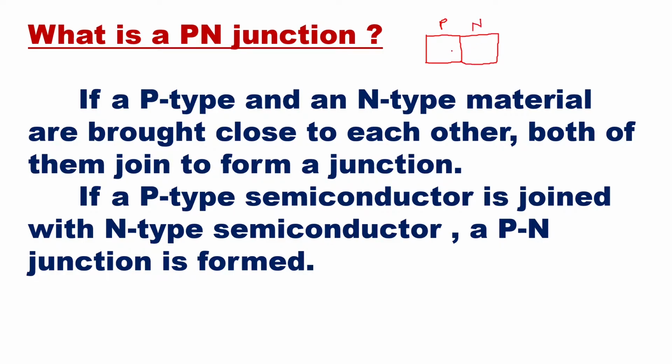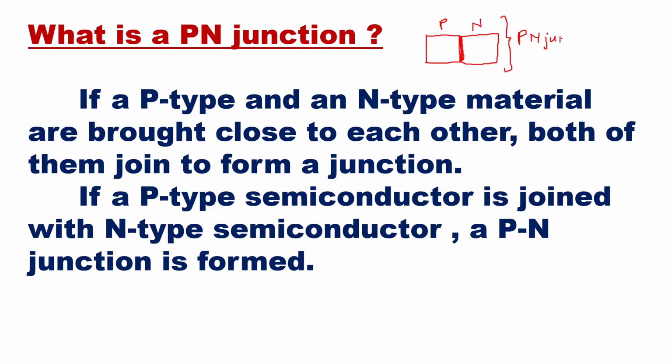When you join them, a junction forms here. This is the interfacing part of both the materials. This is a junction, and this arrangement is called a p-n junction.